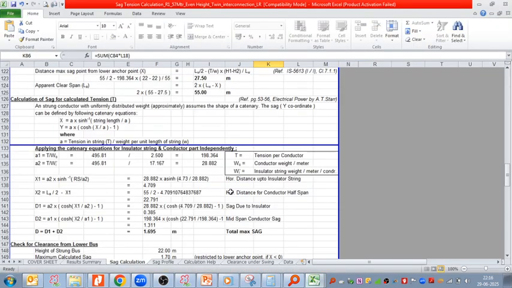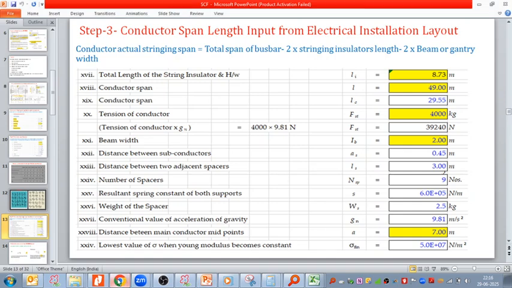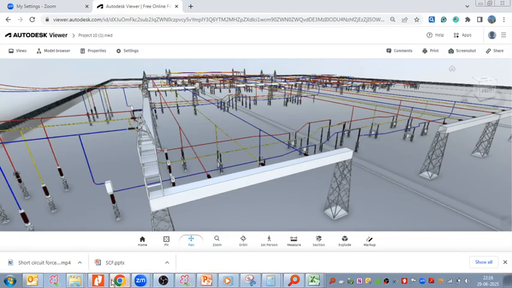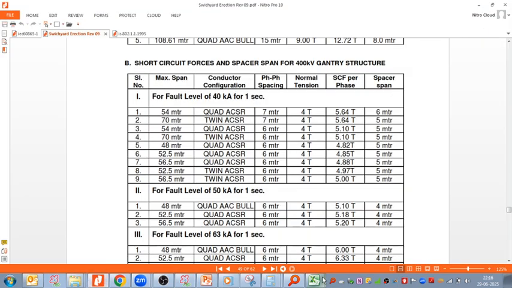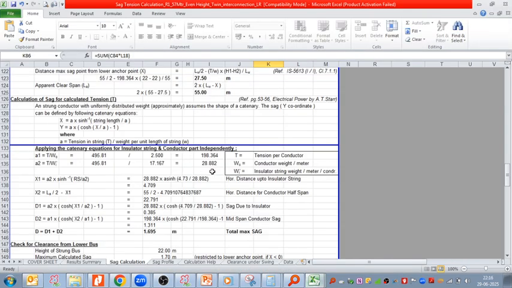Generally we do not perform it together, we perform it separately, but they are telling that in their company sag tension is also calculated, because the civil team also needs to know how much tension stress is coming on their structure. This also we need to perform, and provide along with the SCF calculation.